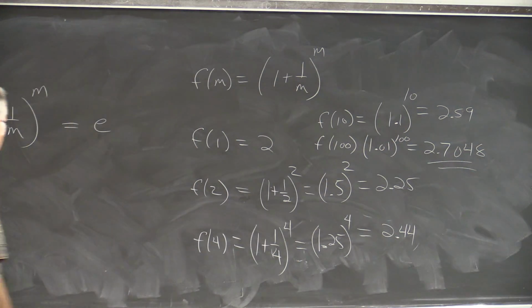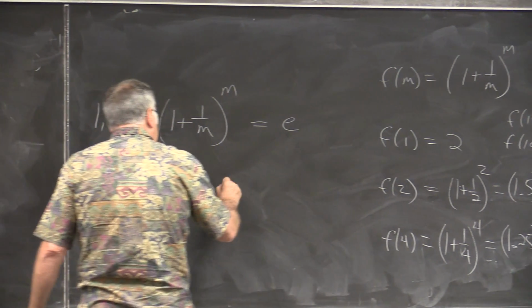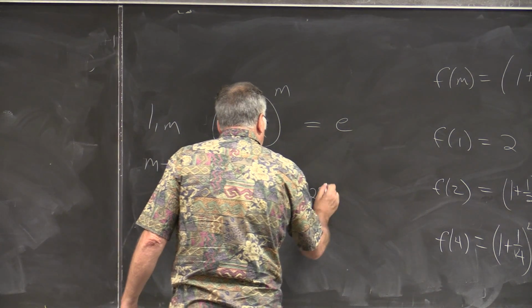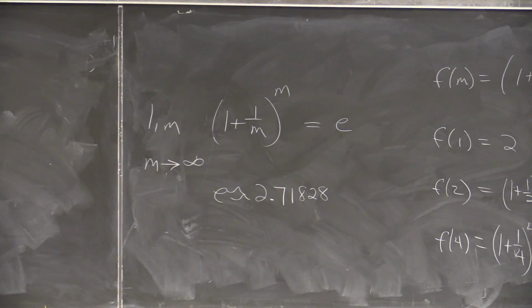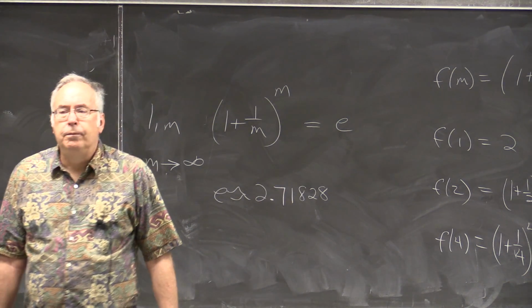See, we're getting pretty close to what I told you before. What I told you before is E is approximately 2.71828. We're getting pretty close to that. We're up above 2.7 already. So the larger and larger m is, the closer it will get to the true value.